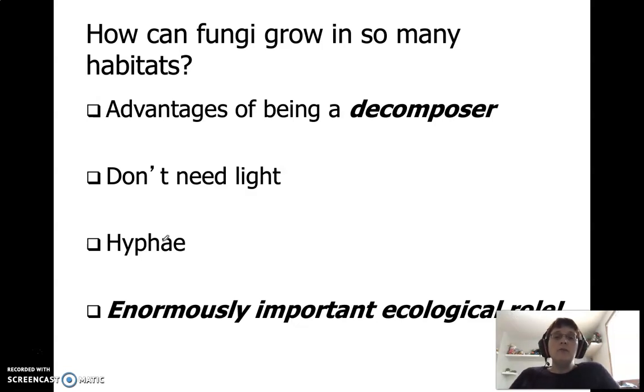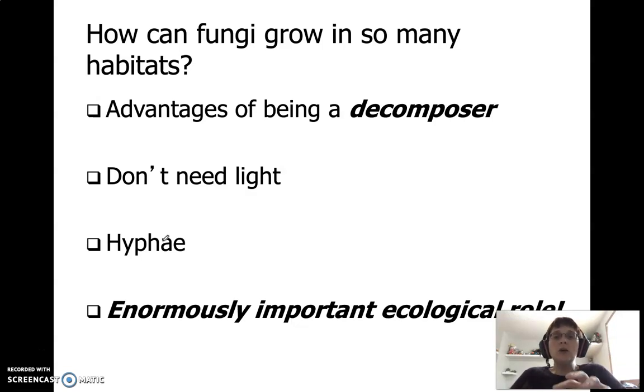Just like a lot of bacteria are decomposers, the fungi and the bacteria are working together to break things down. They are breaking down those dead organisms, the feces and so forth, whether it's animals or plants, and what they're doing is recycling the nutrients.